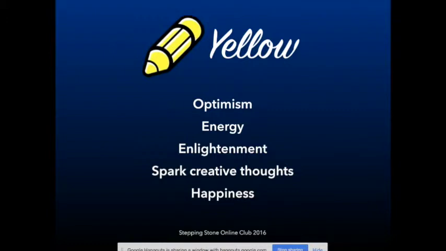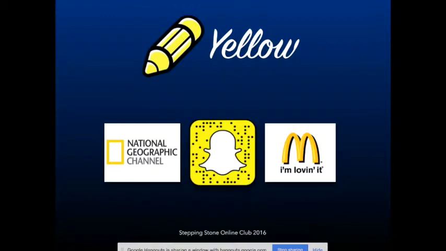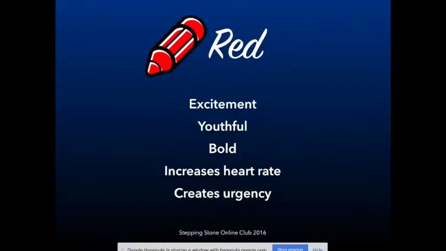Yellow depicts optimism. It makes you feel energized, enlightenment, sparks creative thoughts, and happiness. Here are the brands with a yellow logo: National Geographic, Snapchat, and McDonald's. And then for red, it makes you feel excited.